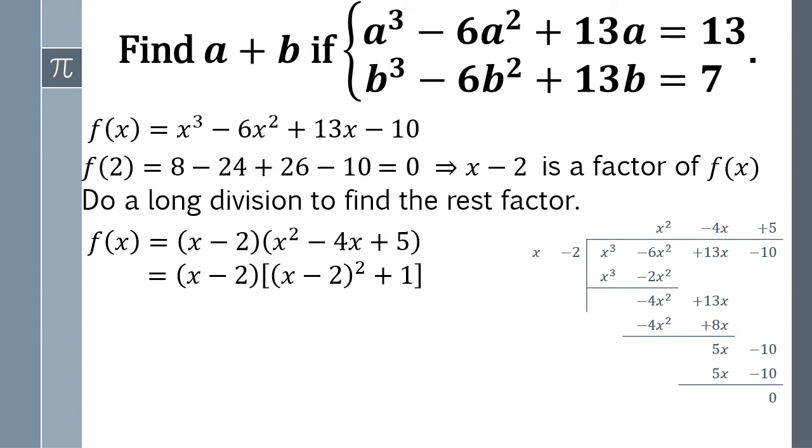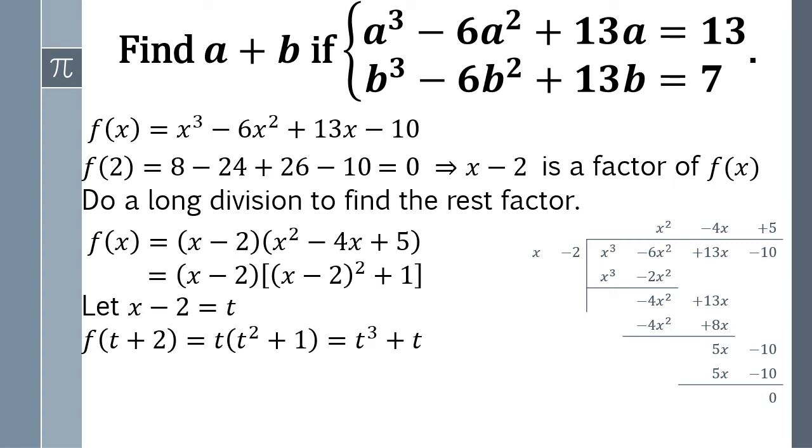I notice that x minus 2 appears twice in this expression. Then I'm going to do a substitution here by letting x minus 2 be t. Then this function f(x) can be further written as f(t plus 2) equals t times (t squared plus 1), which equals t cubed plus t.